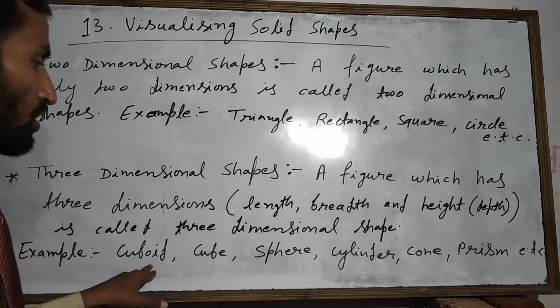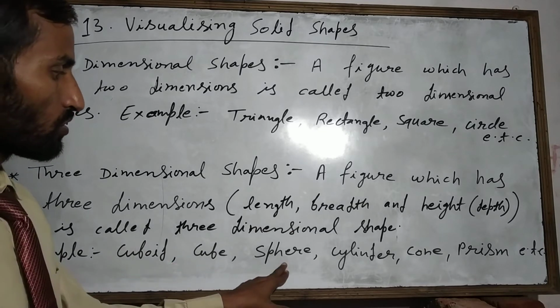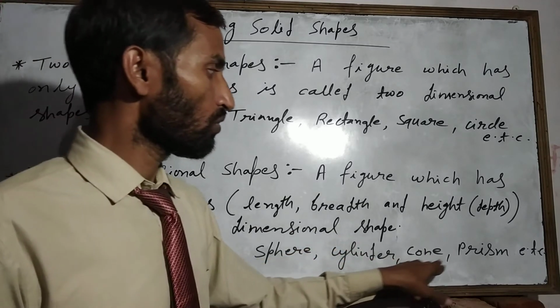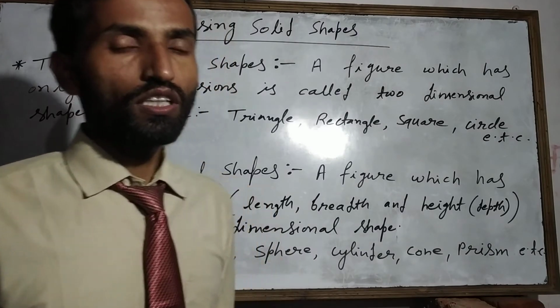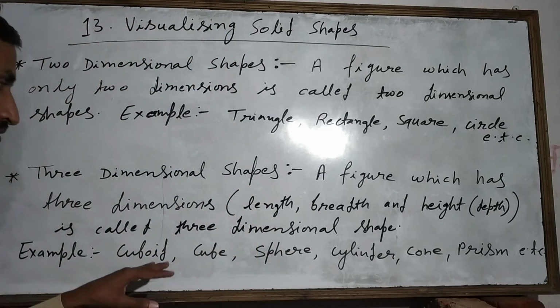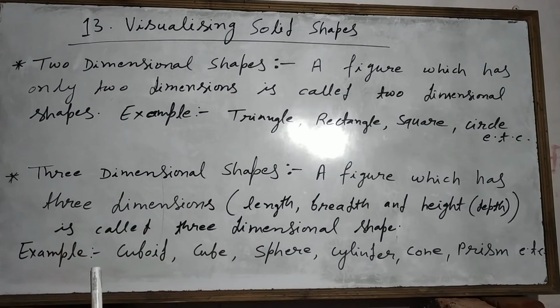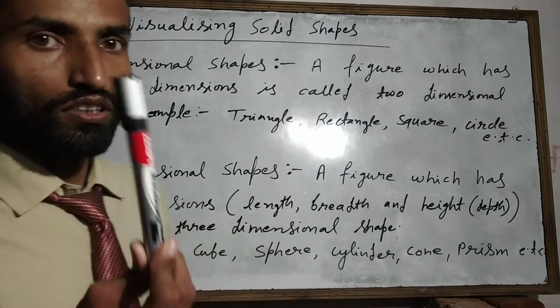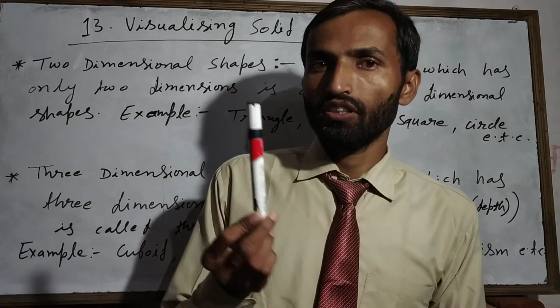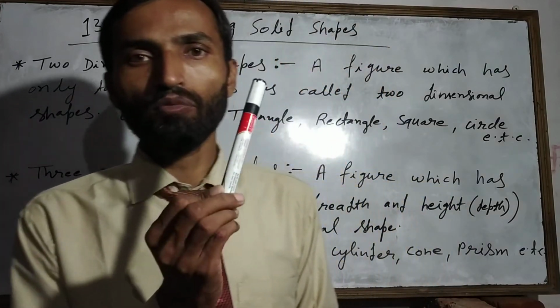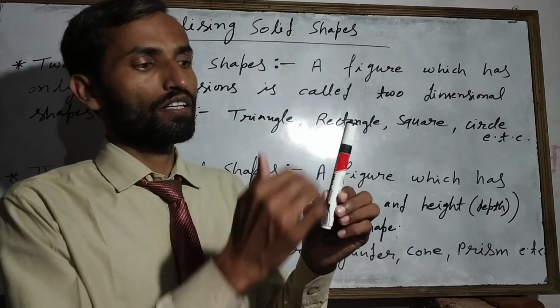For example, cuboid, cube, sphere, cylinder, cone, prism, etc. These are called three-dimensional figures. This one is an example of a cylinder.